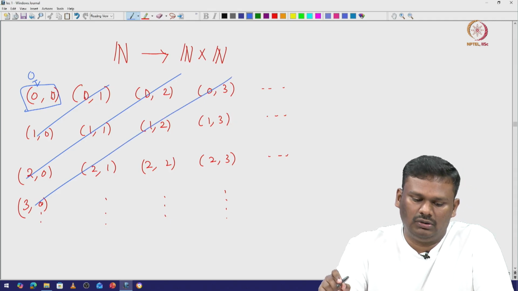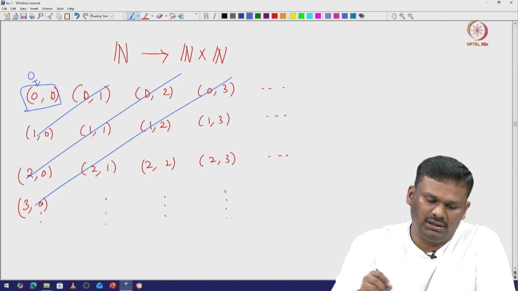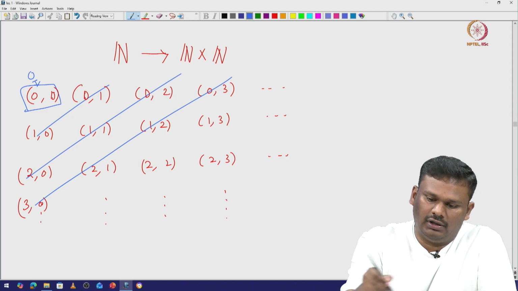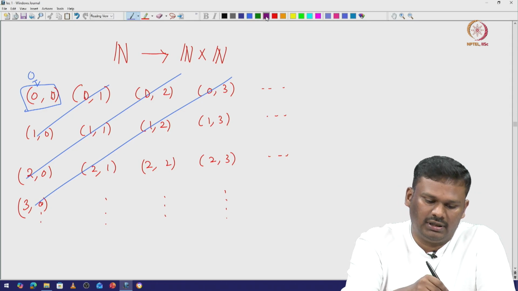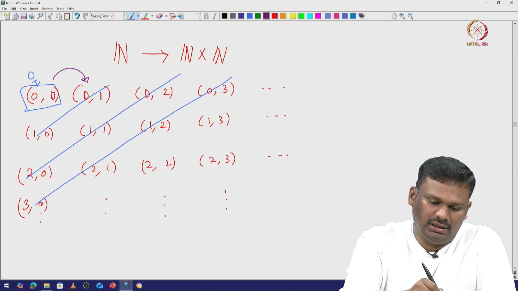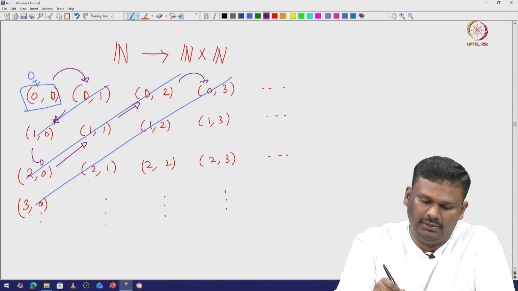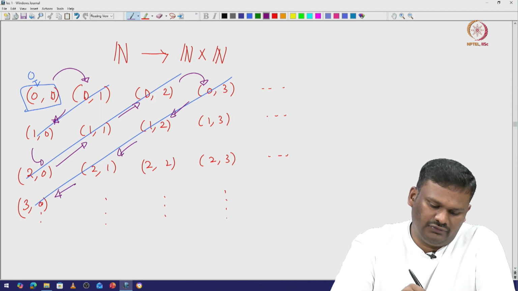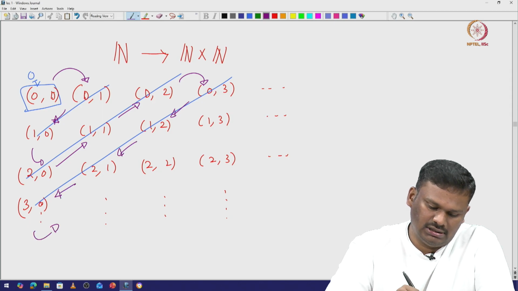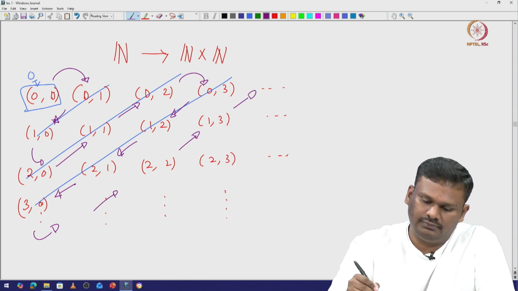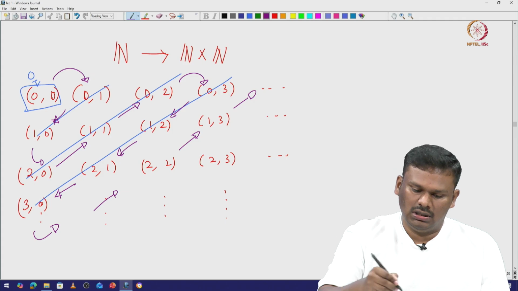Then we use this path: we go from here and then move here and then come here, and then go to the bottom and then move here and then move all the way up and then come here, and then move like this. From this trick you can see that all the numbers will be covered. Okay. So, that means what?